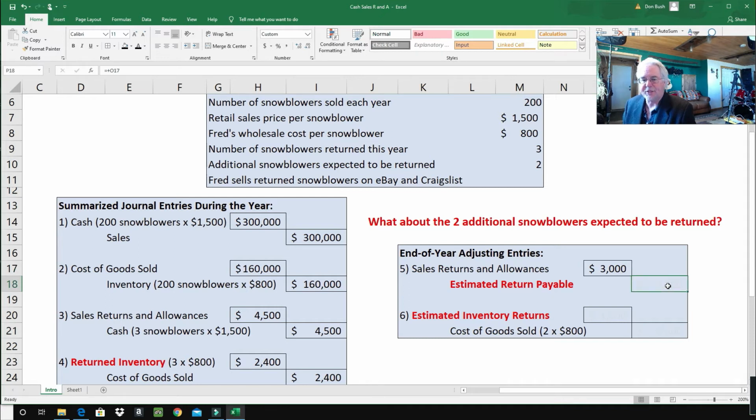Estimated return payable. So here it'll also be $3,000. Now this is an estimated return payable, meaning that Fred expects to pay out cash. Number 6 here, estimated returns inventory. So his 2 snowblowers, and he paid $800 for those, $1,600, and he's reducing his cost of goods sold.